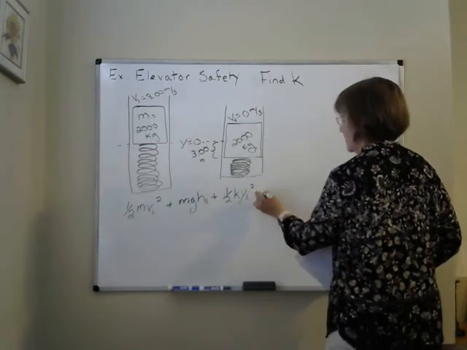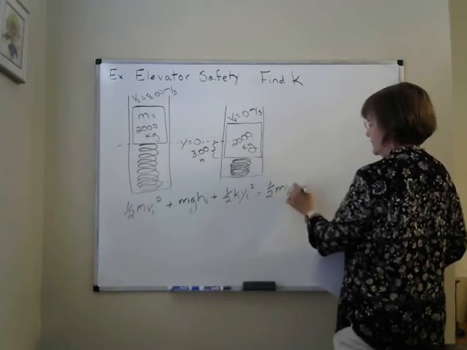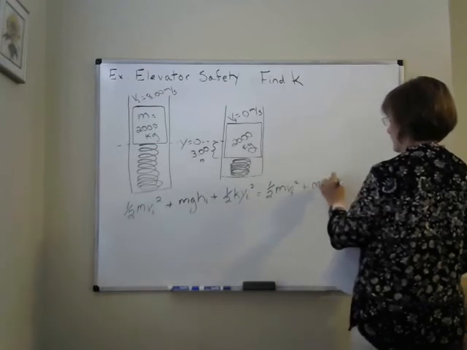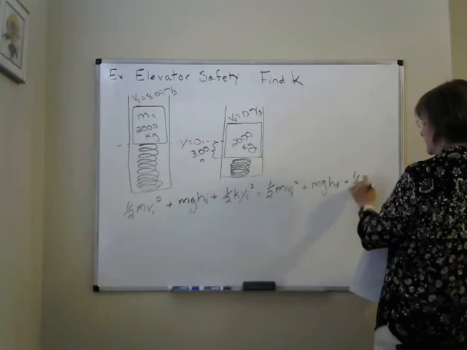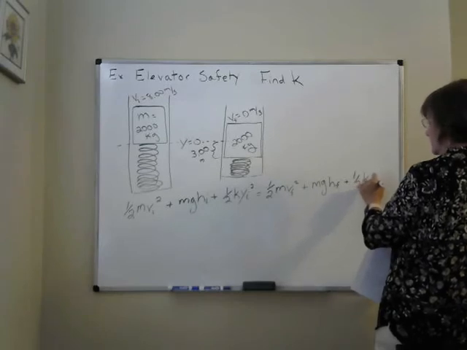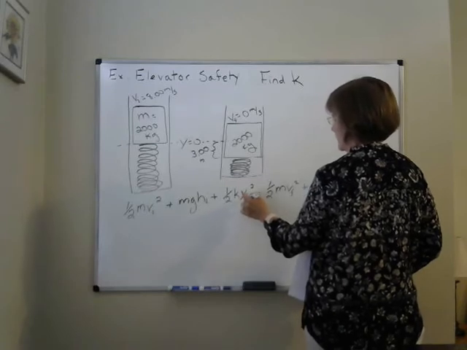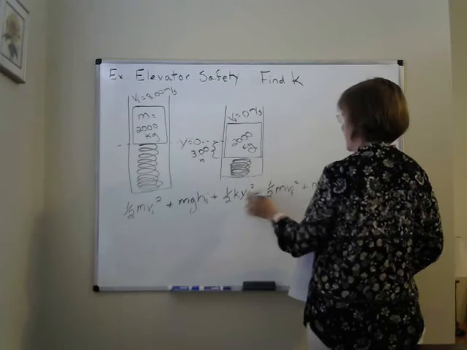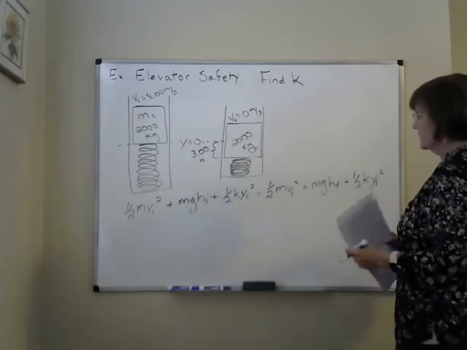That has to equal what's going on at the end, which is 1/2 ky squared. We did it vertically, so we use y.